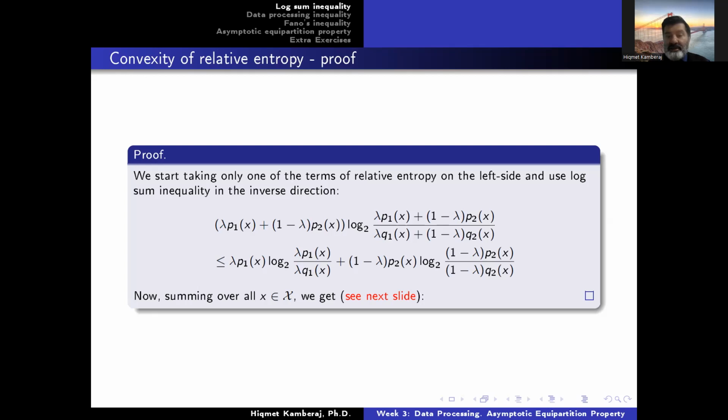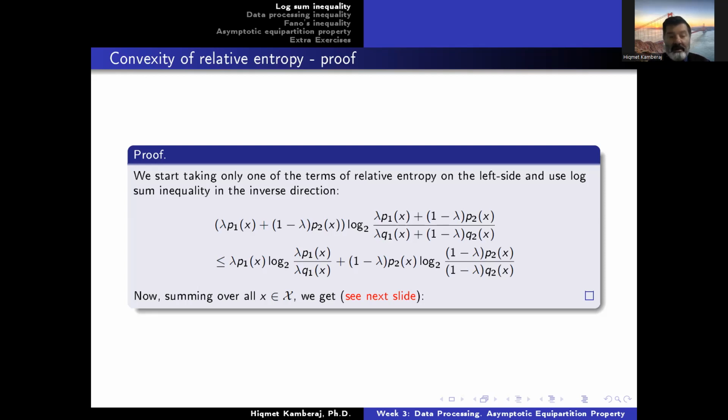Now this is less than or equal to lambda p1 of x log with base 2 of lambda p1 of x over lambda q1 of x, plus 1 minus lambda p2 of x log with base 2 of 1 minus lambda p2 of x over 1 minus lambda q2 of x.